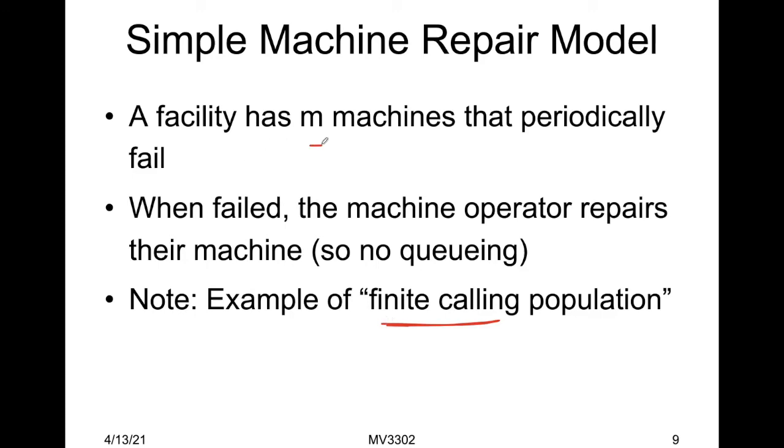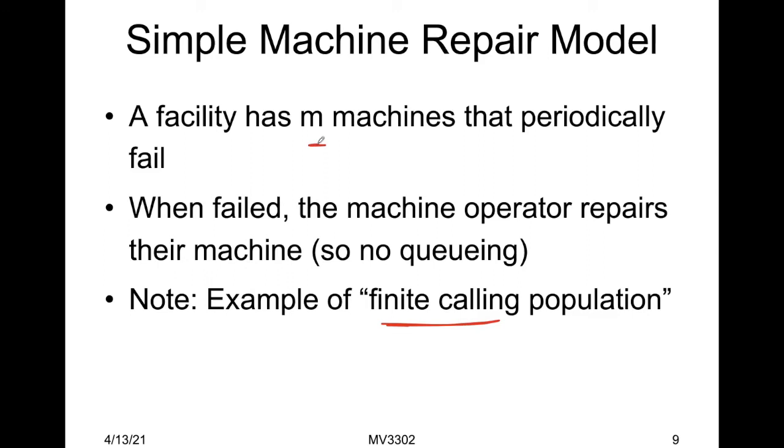The difference here, and if you think about it, so let's put a number in. So let's say set m equals 3. So let's say that there are 3 machines. And we can think of the machines as customers, kind of.